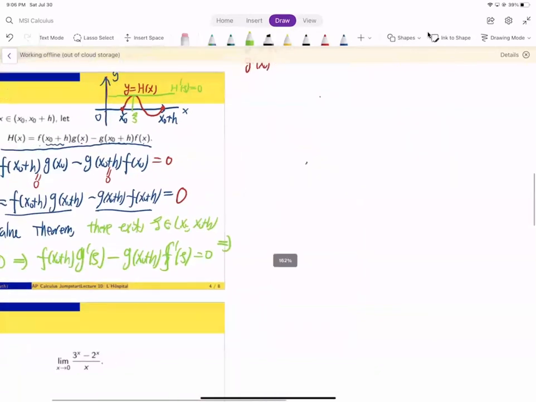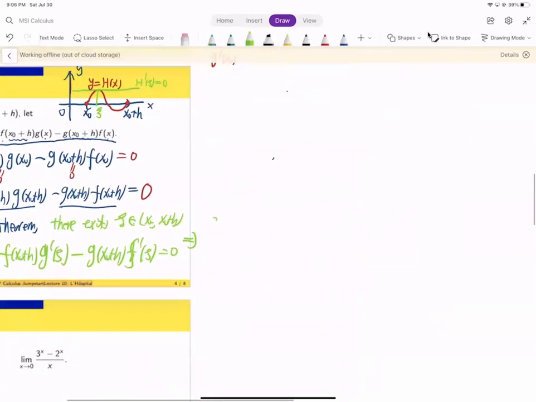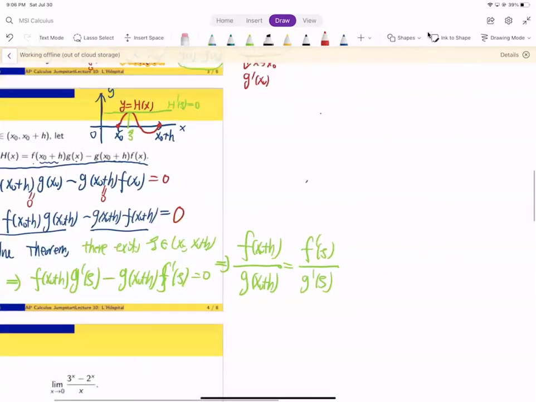So we can rewrite this. It just tells us that f(x0 plus h) over g(x0 plus h) is the same as f prime c over g prime c. Now I want to send h to 0. That means x0 plus h goes to x0, and c is between them, so c also goes to x0.